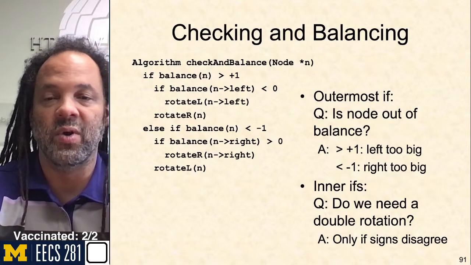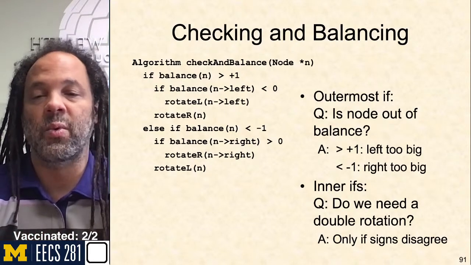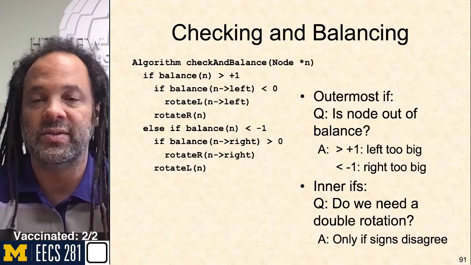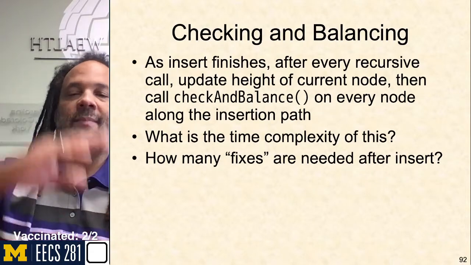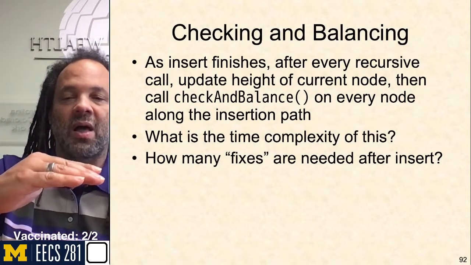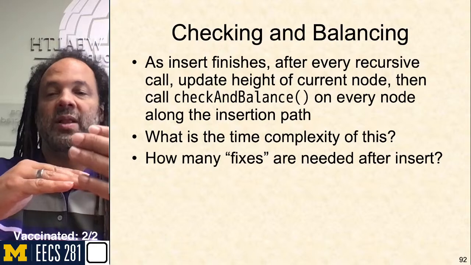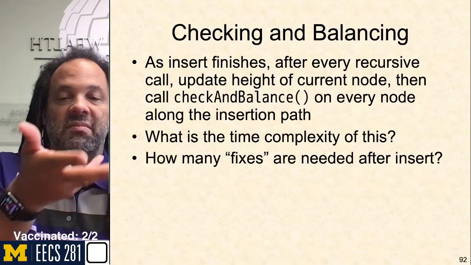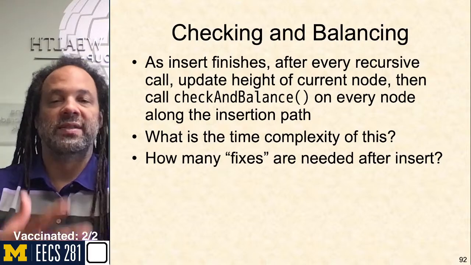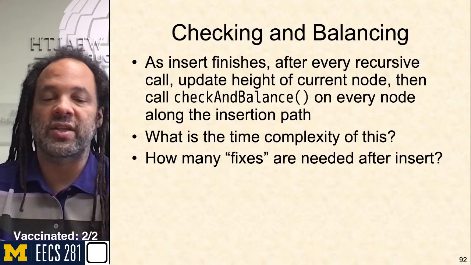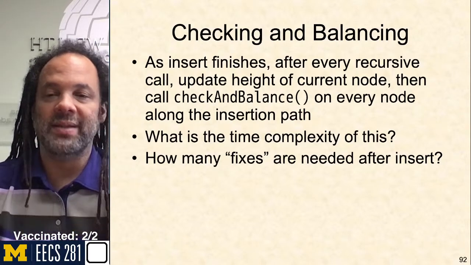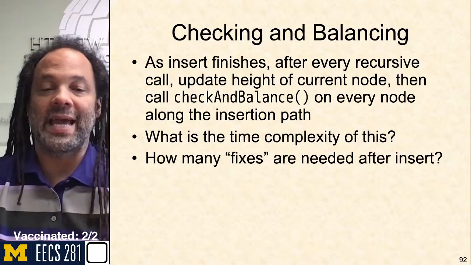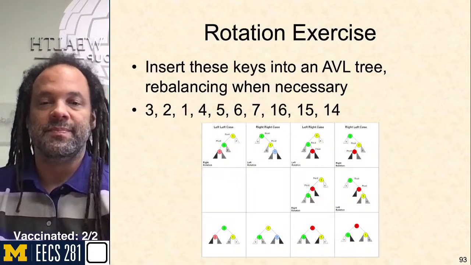That's a constant amount of work. So I'm always going to be doing a constant amount of work to fix something with a balance. And since I'm working my way down log n to do the insertion, we've already got an AVL tree, I do a constant amount of work to fix it. It's great. We can say that this hasn't changed the complexity of insert, but it still makes all of the rest of the things stay at log n, which is awesome.